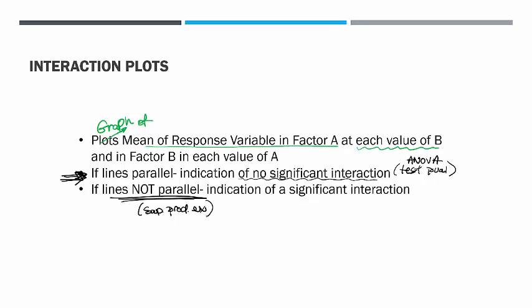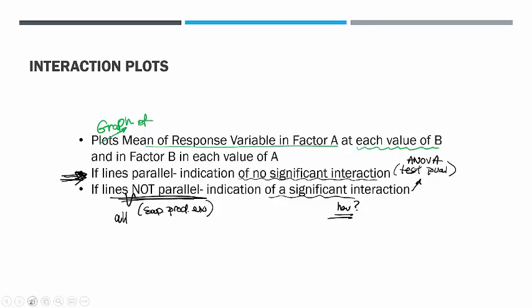The lines were not all parallel. I would add the word all in here. The lines were not all parallel, which means that there's a significant interaction, which of course we'd have to officially test with an ANOVA. But if there's a significant interaction, that ends the test, but the interaction plot can then tell us how, or what kind.